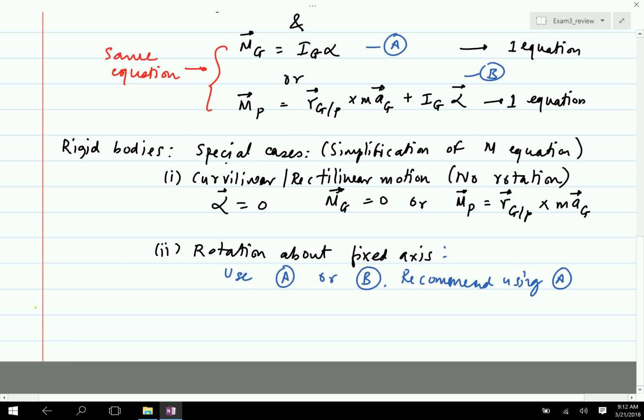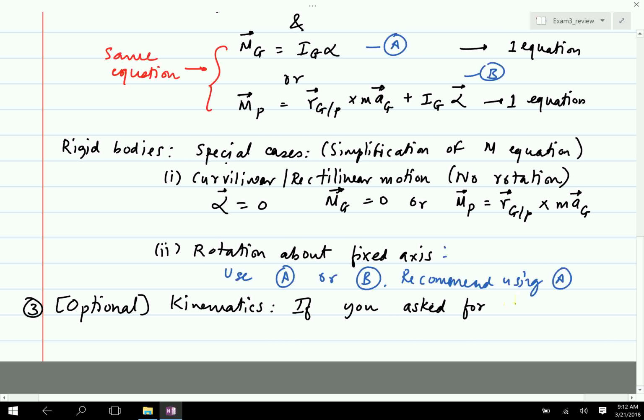And the final step, if asked, is optional. It is kinematics. So if you are asked for velocity or position, then integrate a or alpha as needed.